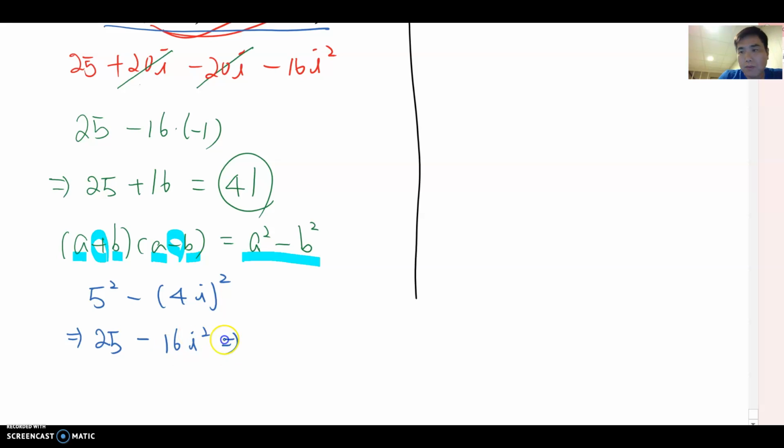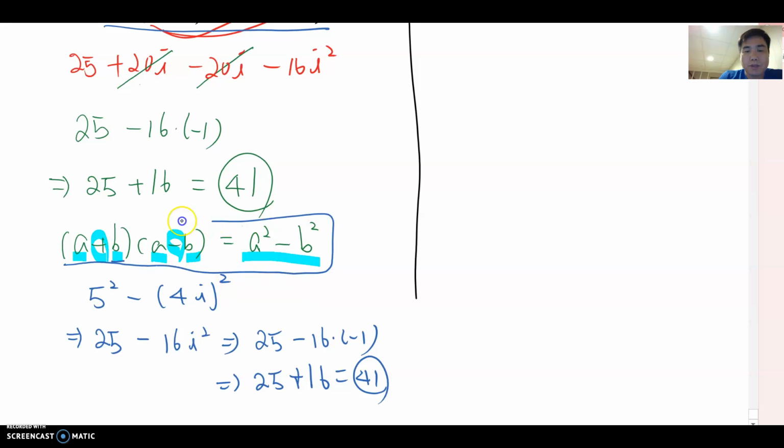We know i squared becomes negative 1. Therefore, 25 minus 16 times negative 1, which is 25 plus 16. Therefore, the answer becomes 41. Yes, so from now on, please utilize this property. It's very useful, and you will use this property a lot.